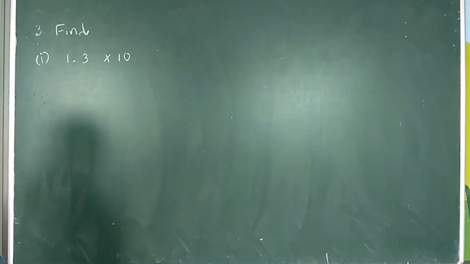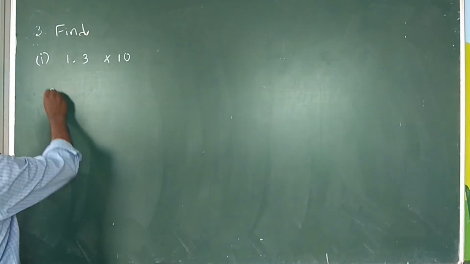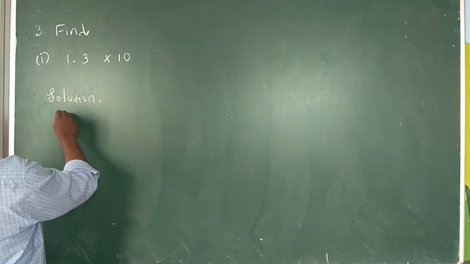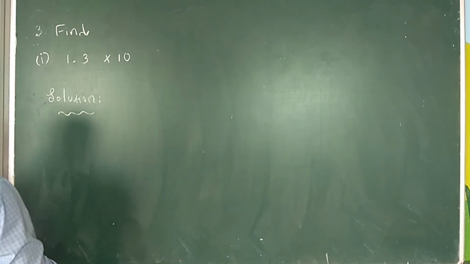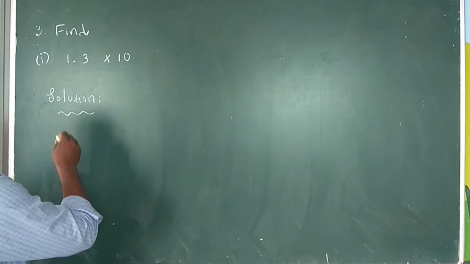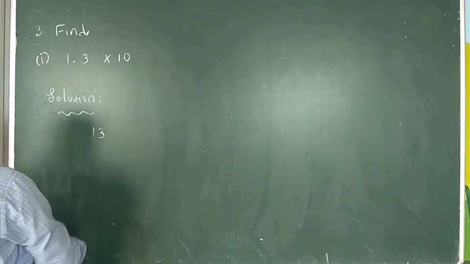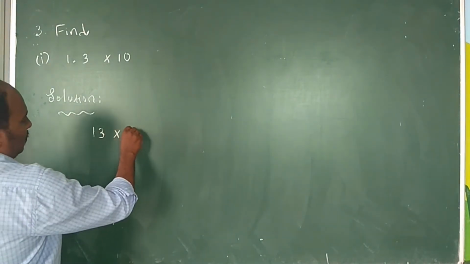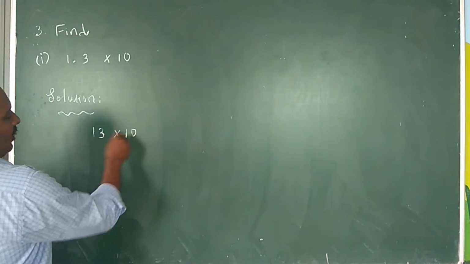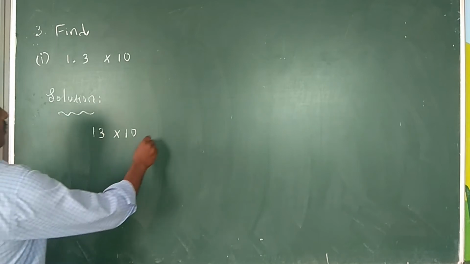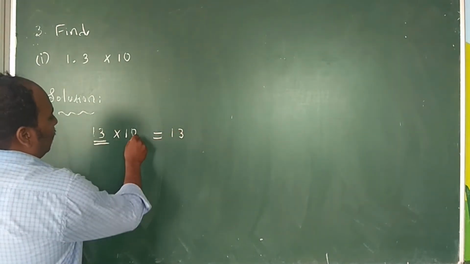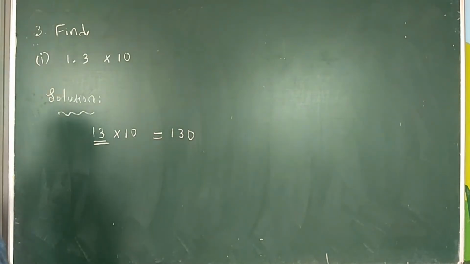1.3 into 10 is our question, but we take it without decimal places, 13 into 10. First, we multiply without decimals. 13 into 10 is equal to 130.